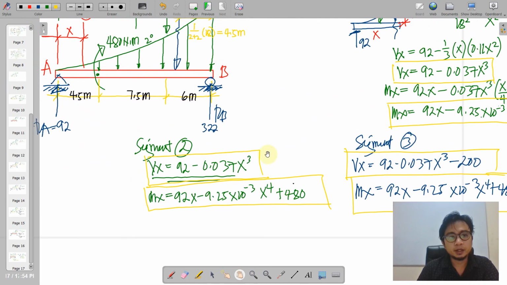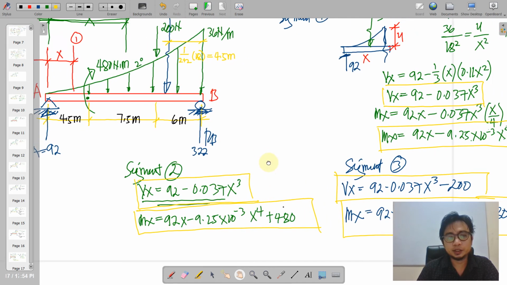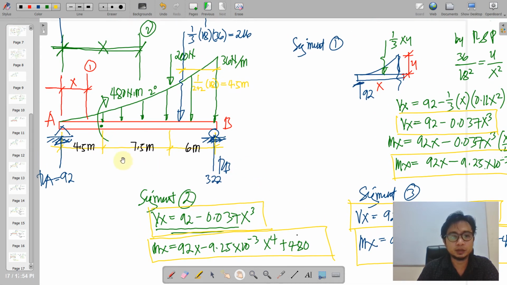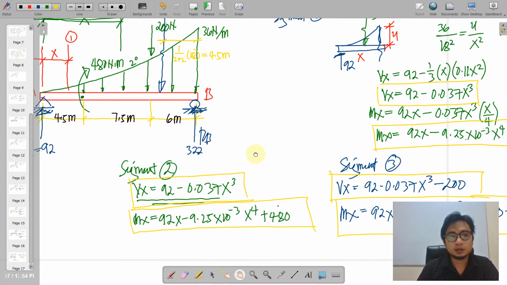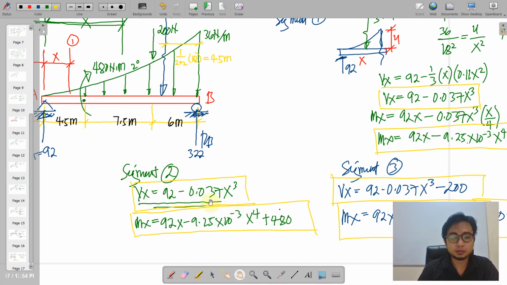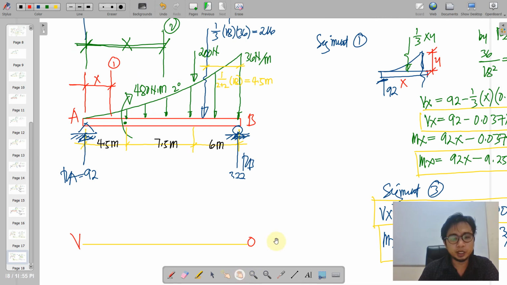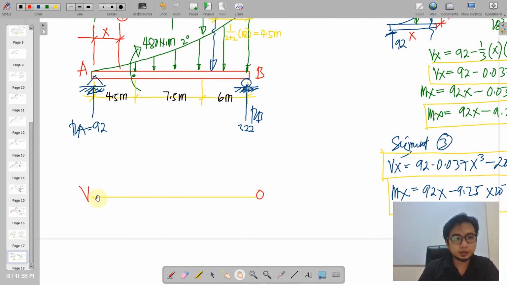In the meantime, let us use the graphical method to come up with the shear and moment diagram, aside from assigning values of x here. So we draw the shear line here. Starting at A, there will be a 92 going up, and then we subtract this spandrel area. What is that spandrel area equal to?